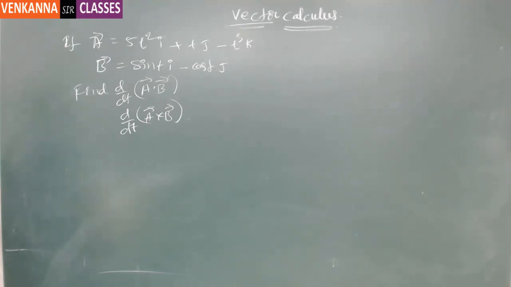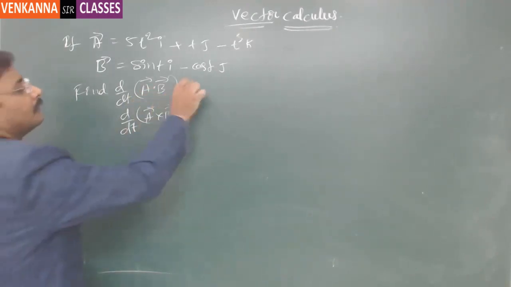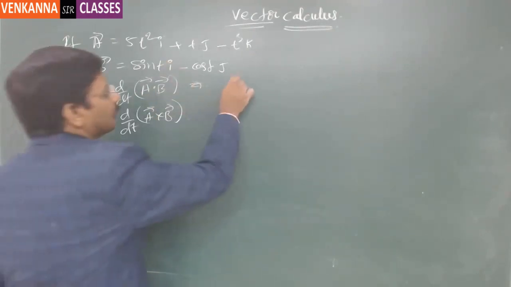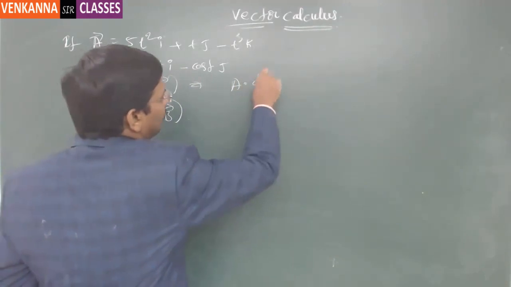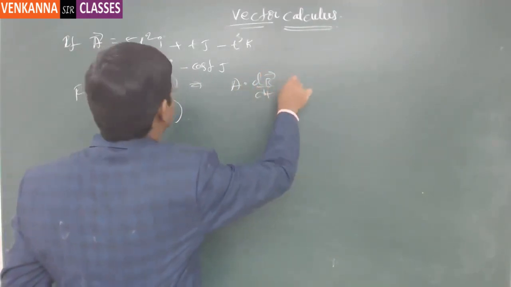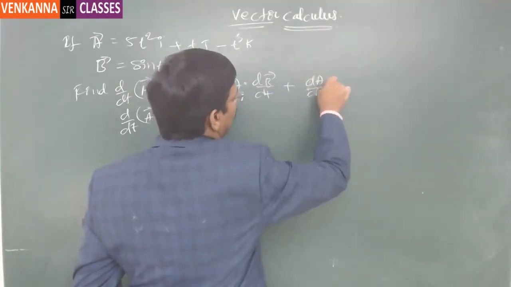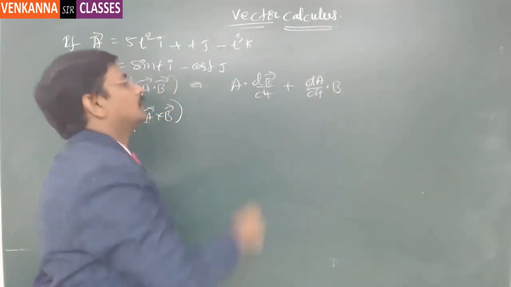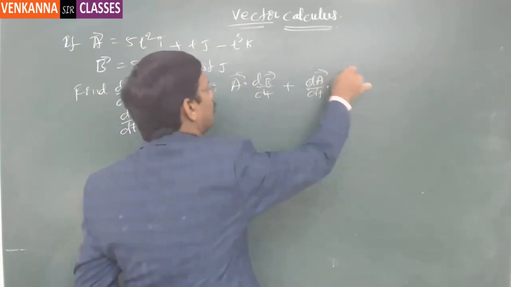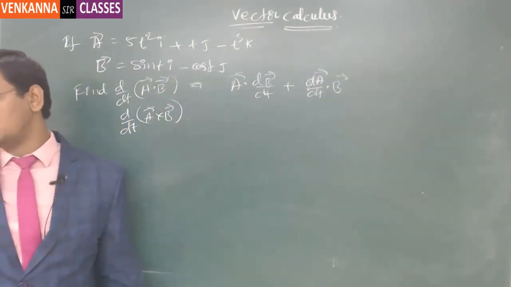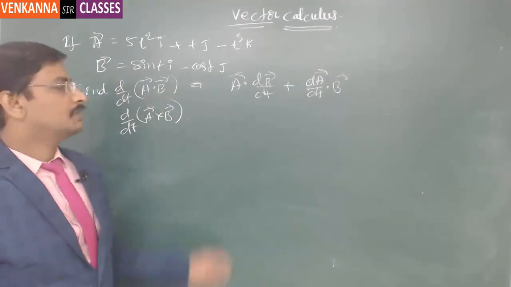You can straight away do a dot product and then apply the derivative of it. So that is one method. Or else you can apply the principle of A dot dB by dt plus dA by dt dot B. So this is one method: actually do a dot product and then apply it. Exactly in the similar manner you can do this one as well. Got it? So there is nothing new here.